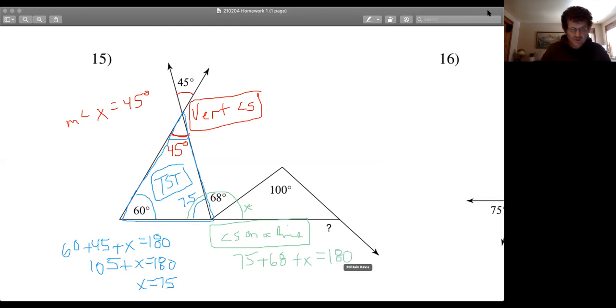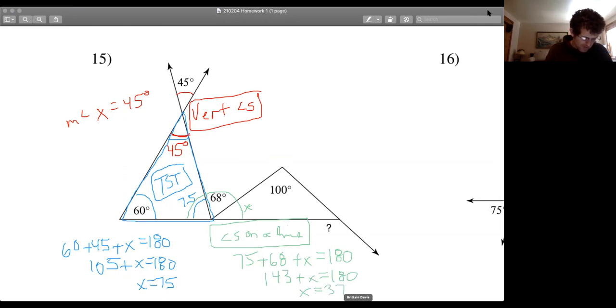This looks like the same equation we just did, and in practice it is, but we came at it from a different direction. We're saying this is angles on a line, and now I can still solve it the same way. So when I add these together, that's going to be 143. And now I can subtract 143, x equals 37.